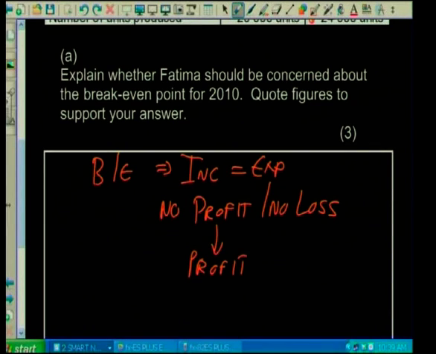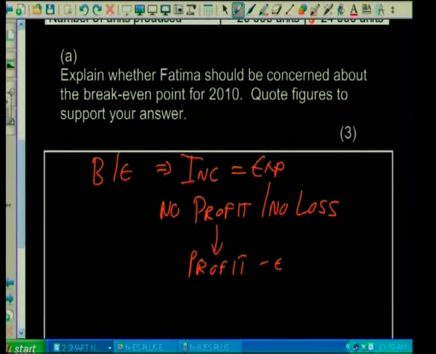Now remember, at the point of break-even, there's obviously no profit, no loss. But the moment the business starts manufacturing above the point of break-even, so if, for example, the point of break-even is 20,000 units, the moment the business manufactures 20,001 units, it's above break-even and the business automatically starts making a profit. So in order to make a profit, they have to exceed the point of break-even.